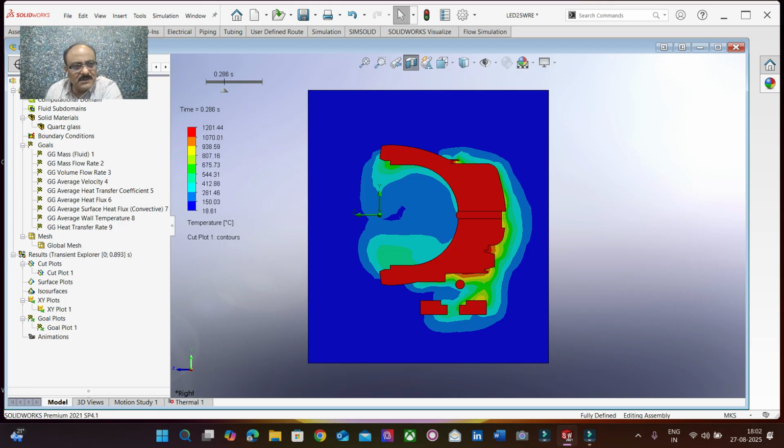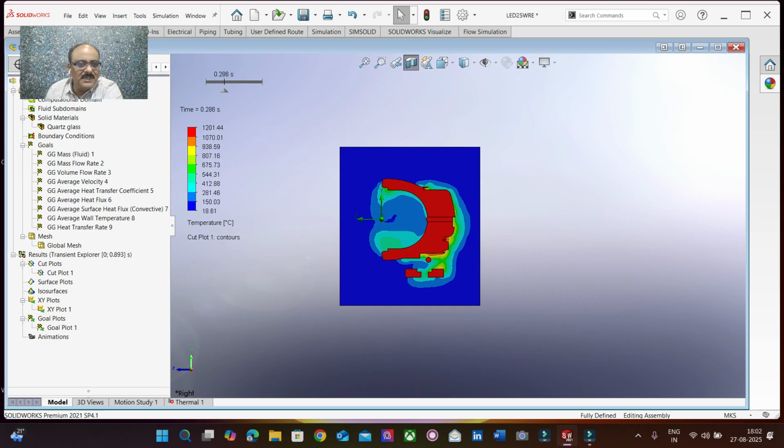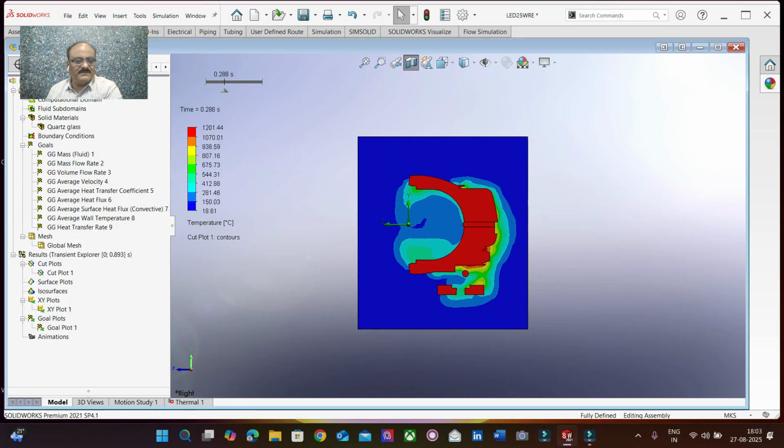How big is that heat in quantity? It's about 150 degrees at some distance. And now let's find out at what distance the temperature will be reduced. That is the main reason these projector lamps or flood lamps are kept at a distance completely away from the environment, so that there are no thermal radiations generated from the system.